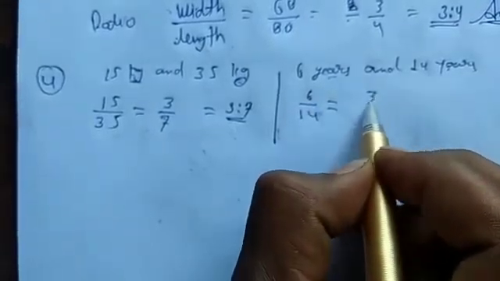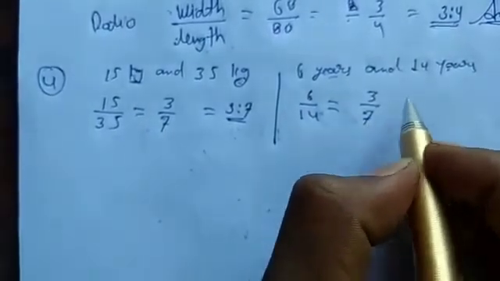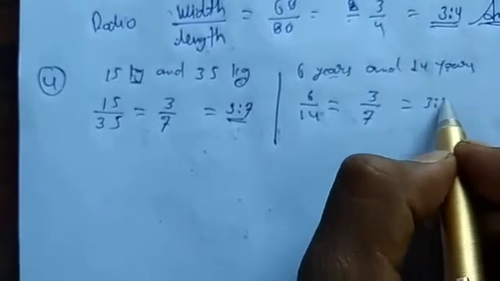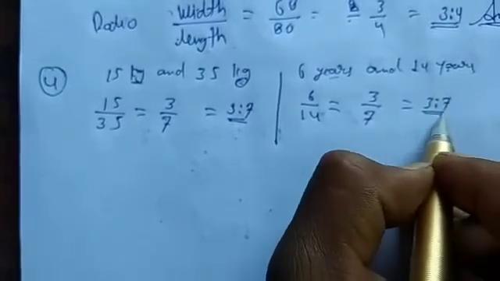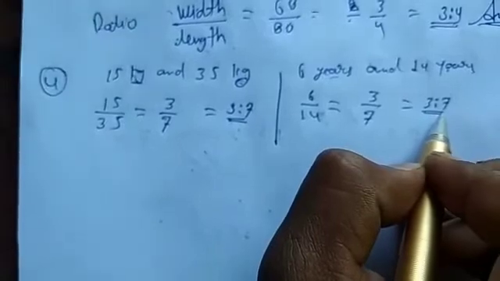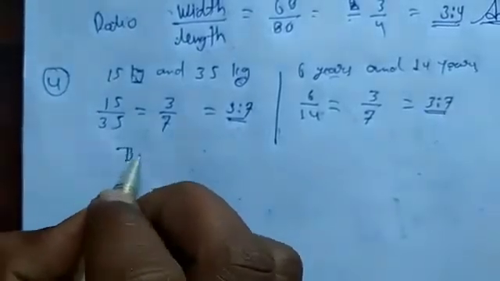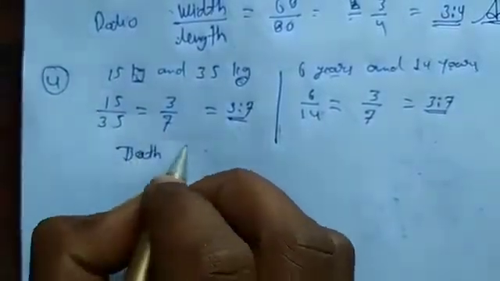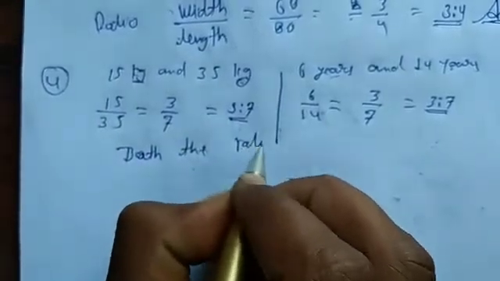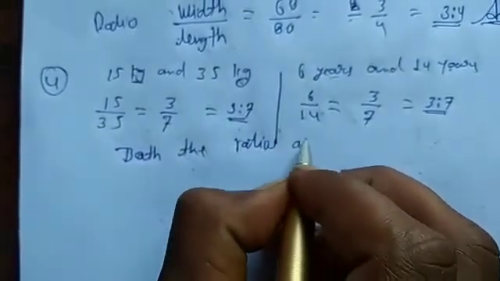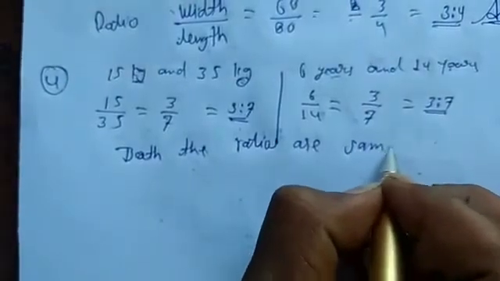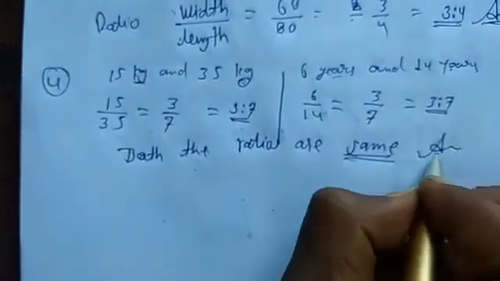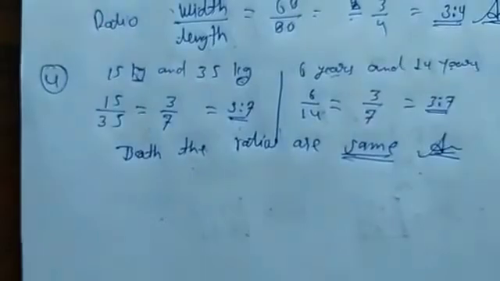Cancel by 2: 2 threes are 6, 2 sevens are 14. That means 3:7. So both the ratios are the same. We will write here that both the ratios are the same. This is our answer. The question asked to check whether both the ratios are the same or not.